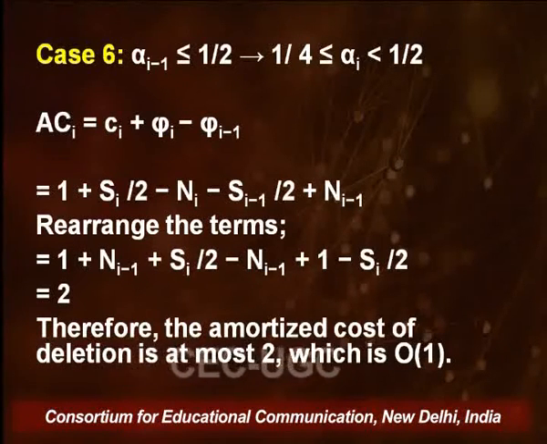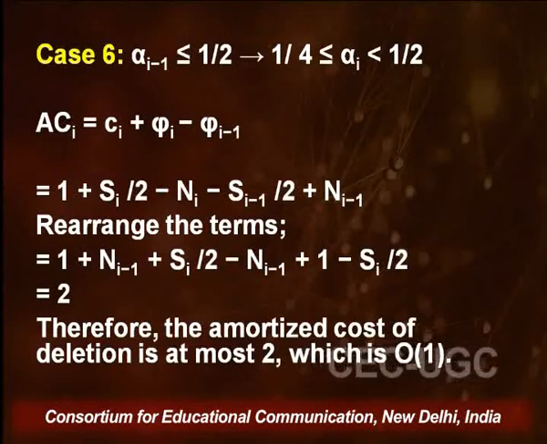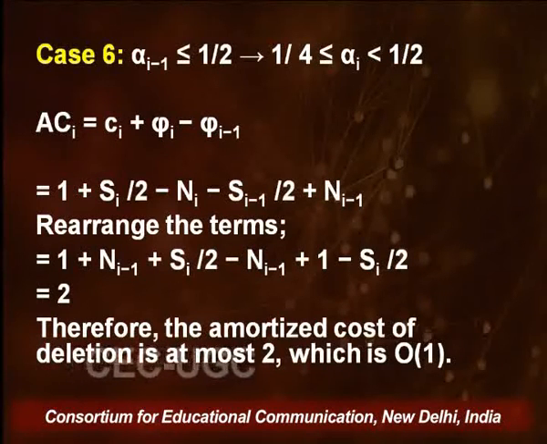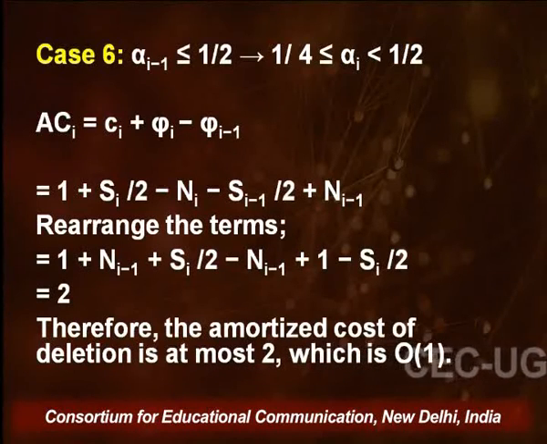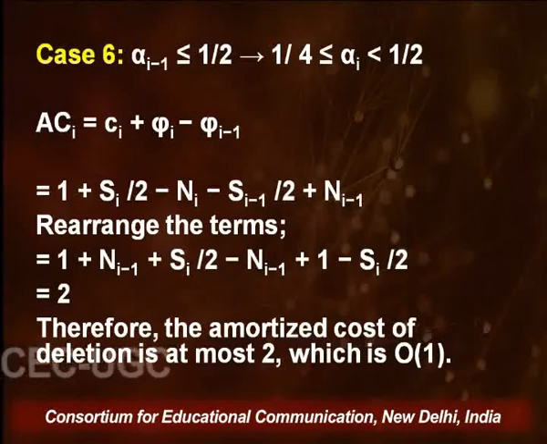So, putting in the simple terms 1 plus S i/2 − n i − S of i−1 by 2 plus n of i−1, we are just rearranging the terms and we have got 2. So, we can say amortized cost for deletion is at most 2, which is order 1 under all the cases.